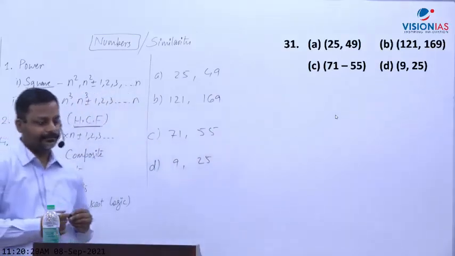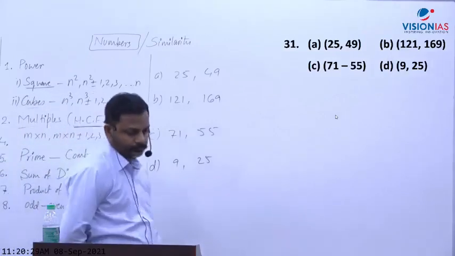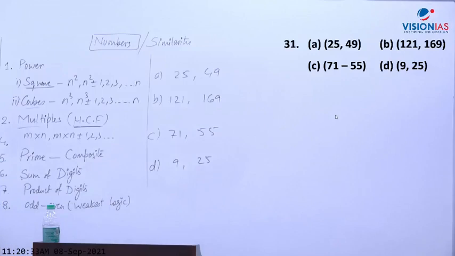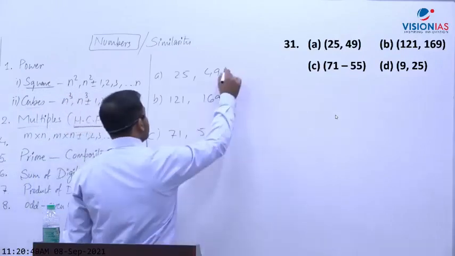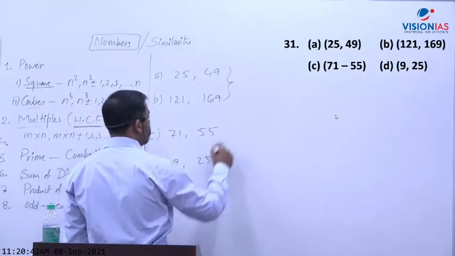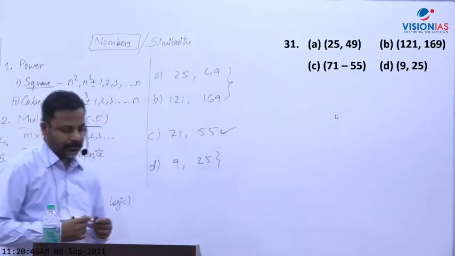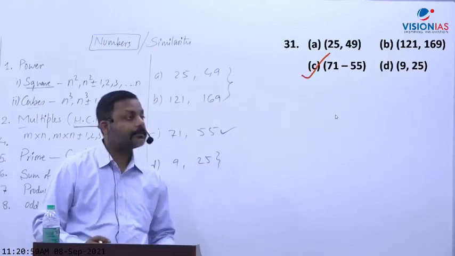It is easy. Okay, yes. In the rest of the options, we are getting values of perfect squares, but in option C, we are not getting that. So that's why the answer is option C.